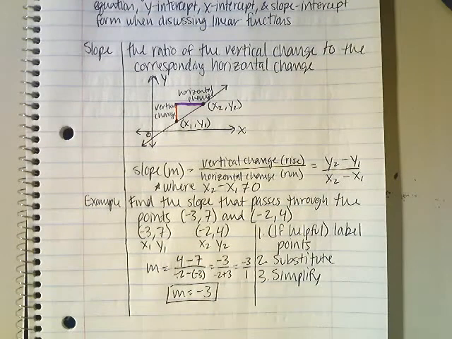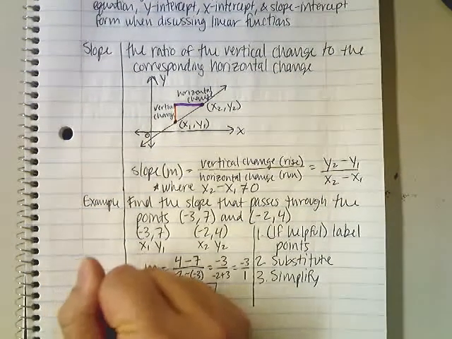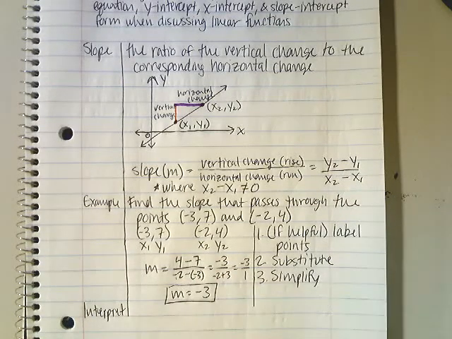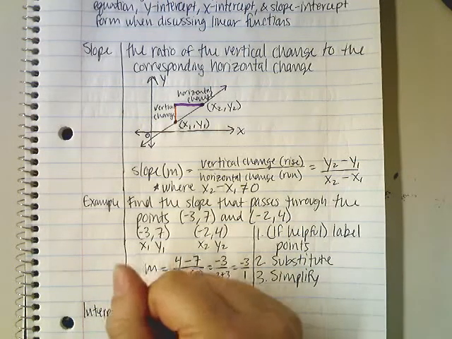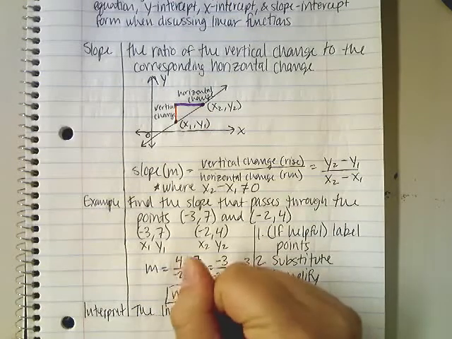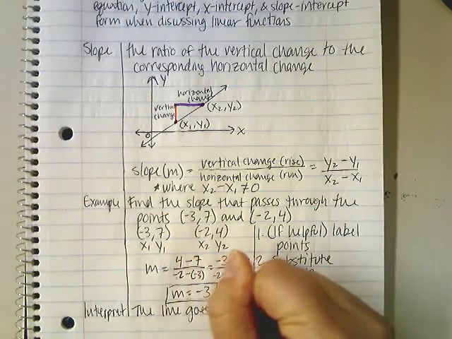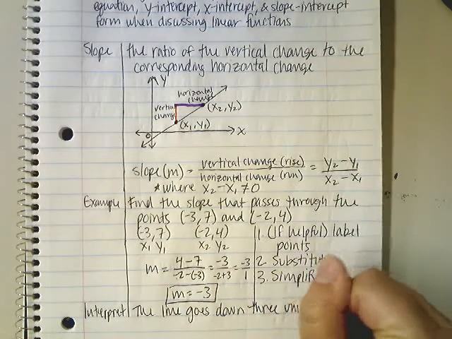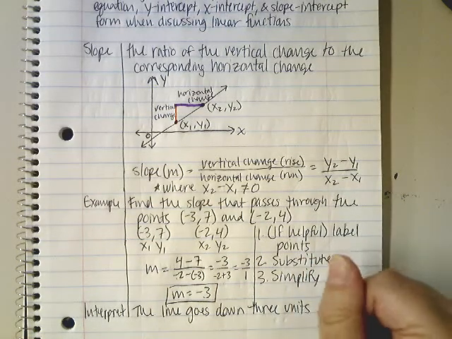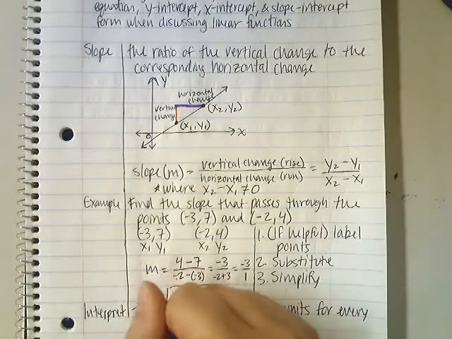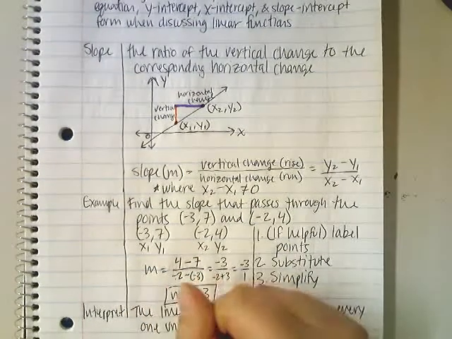All right, the last thing I'm going to do with this before we move on is interpret what this means. If we have a slope of -3, what is that actually telling us? It tells us that the line goes down 3 units for every 1 unit it goes to the right.